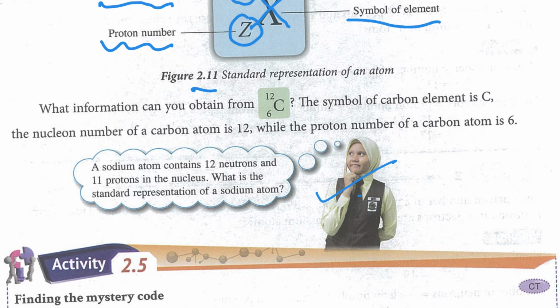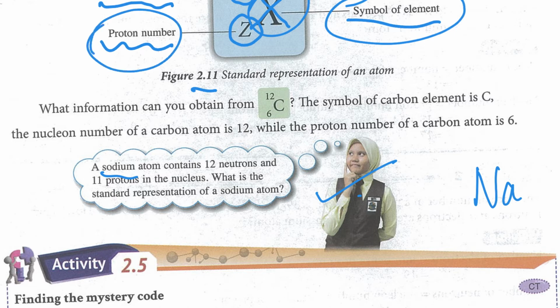Okay, sodium atom. We start with the symbol. The symbol for sodium is Na. The proton number for sodium is 11, already stated here. The girl did not have the nucleon number, so she cannot write 12 here.